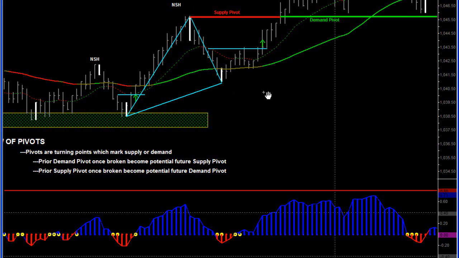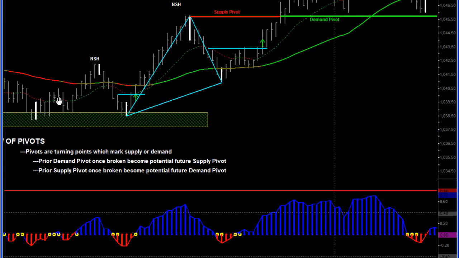If price is greater than the 55 EMA, so having made a new swing high, price is above the 55 EMA, and the DMI ratio is above zero in blue, then the action is assumed to be bullish, and I'd be looking to buy pullbacks at or near the 55 EMA at the completion of a pivot, or at a prior pivot zone.